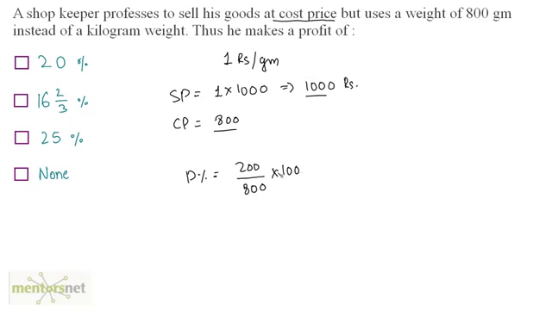These zeros get cancelled out. I have 200 by 8. 4 2s are 8, 4 5s are 20, and 4 times 50 is 200. So it is equal to 25%. So I think option C is the correct answer.